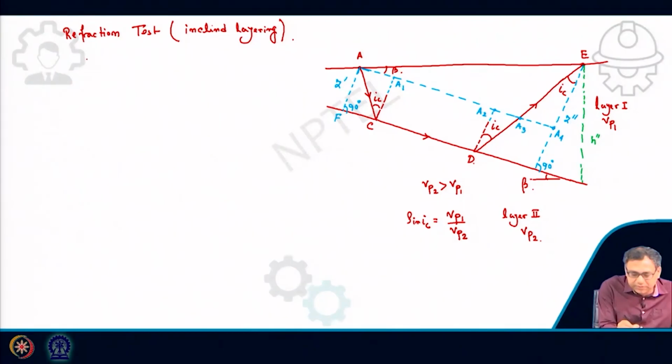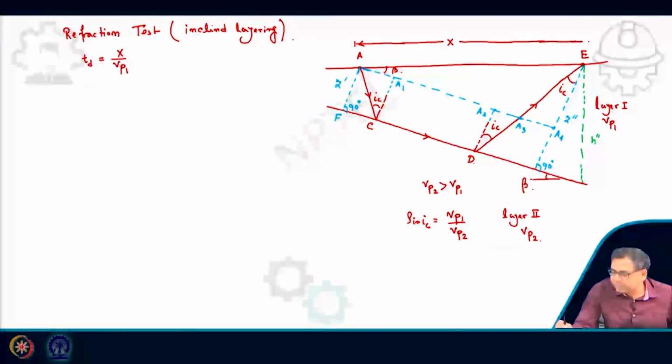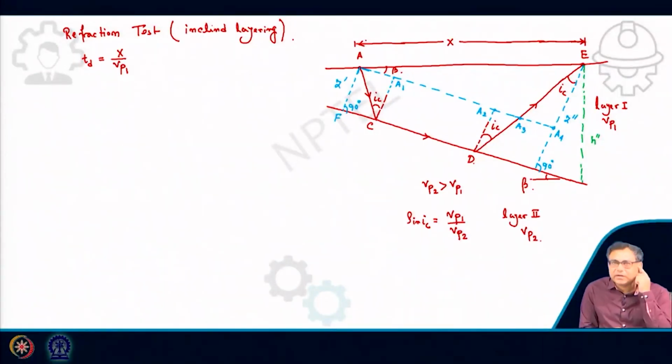So the derivation: first one is the direct ray, that will follow x by Vp1, if this distance is x, or you can write xn. So this is my equation number 1.